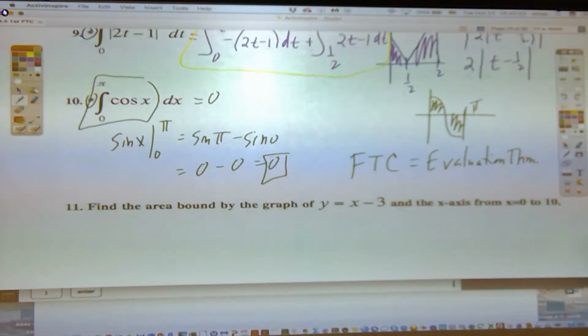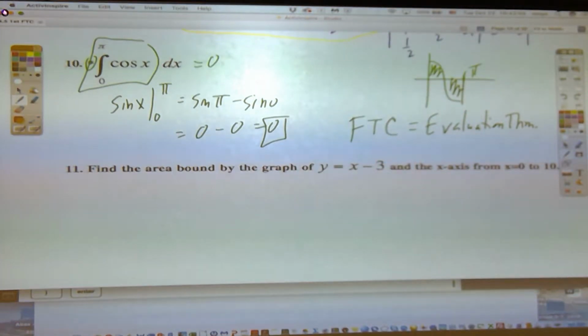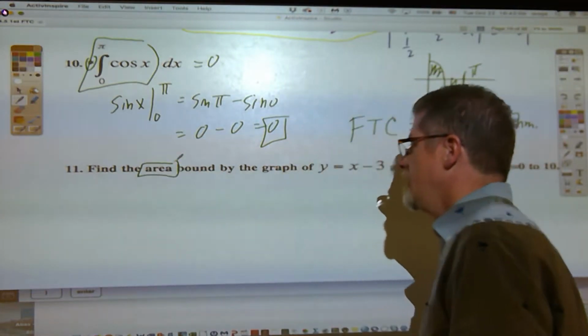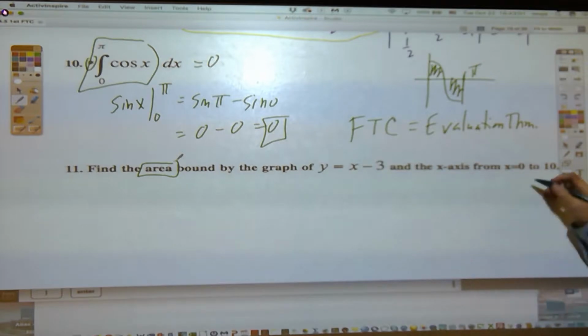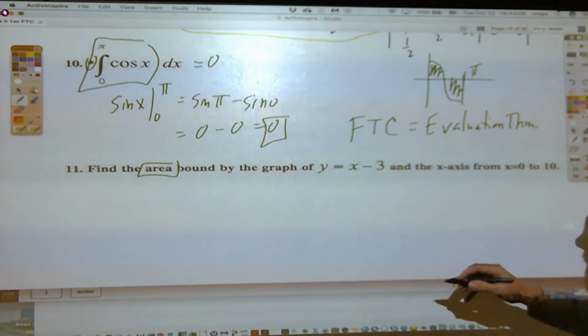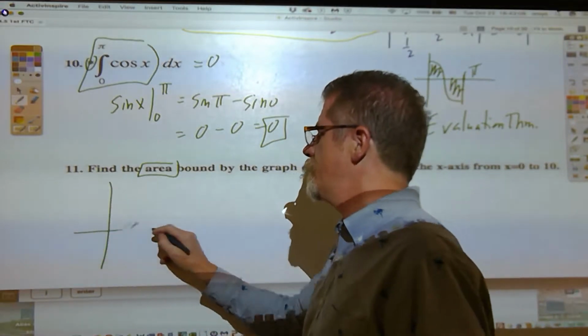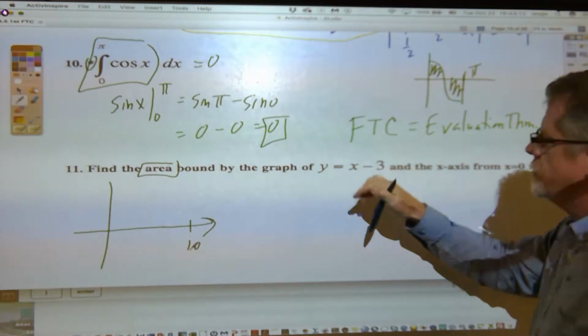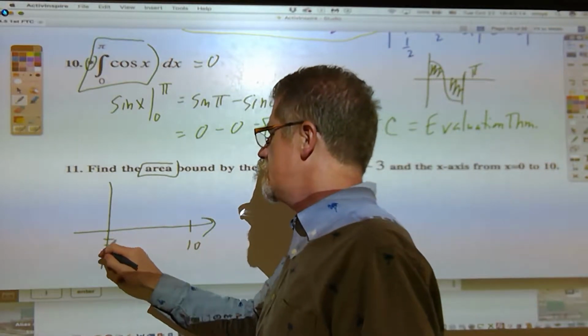Okay. Number 11, find the area. Now it doesn't say directed area, it says just pure area. So if you want to find the area bounded by the graph of this line and the x-axis from 0 to 10, let's draw a picture of the situation. This is a line with slope 1, y-intercept -3.